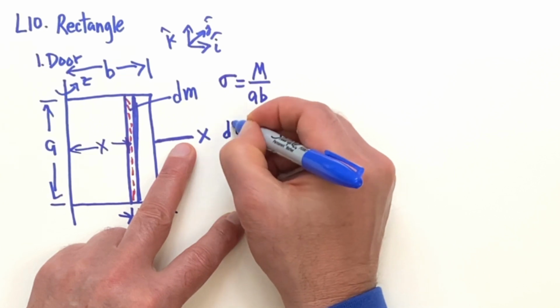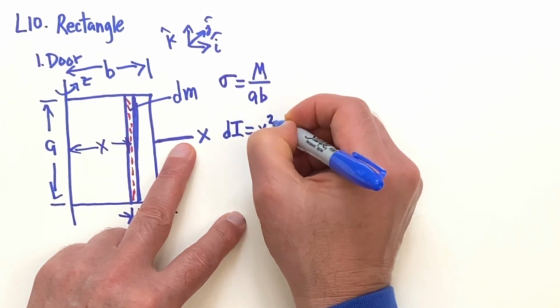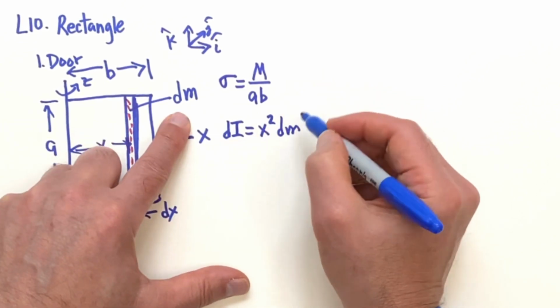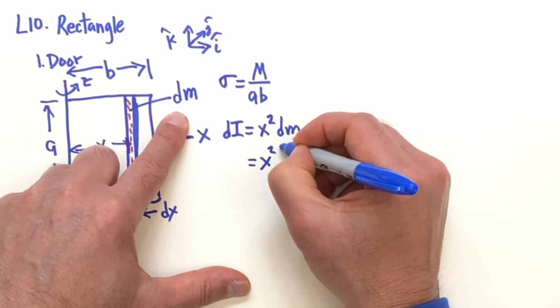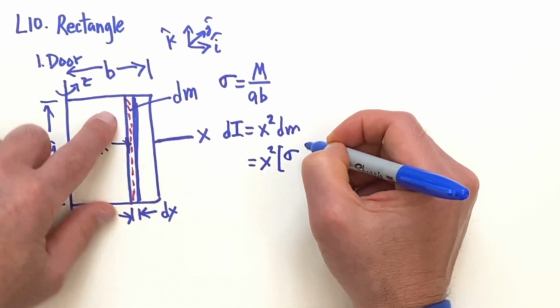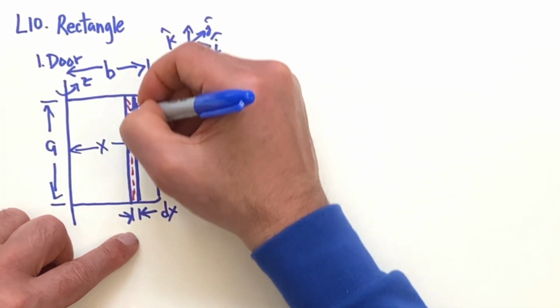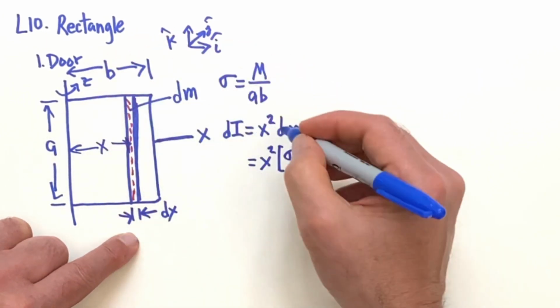So the little moment of inertia differential is going to be x squared times dm. But dm is going to be the density times the area of the strip. The area of the strip is going to be A times dx.